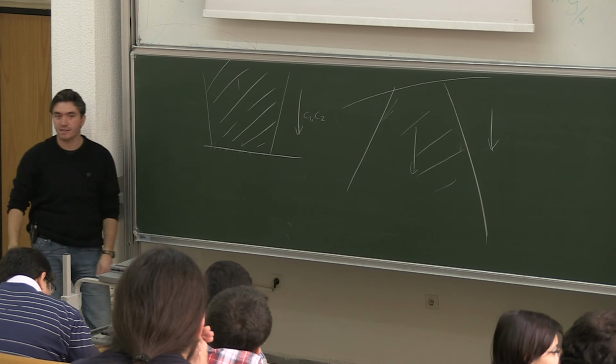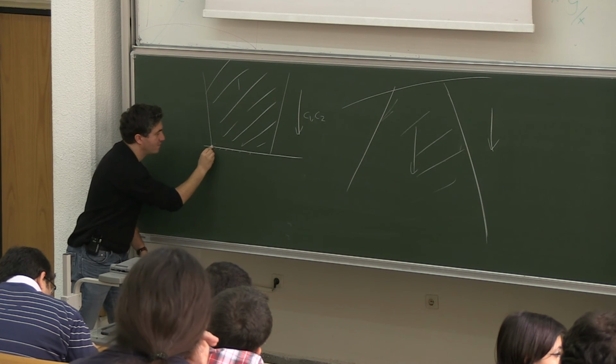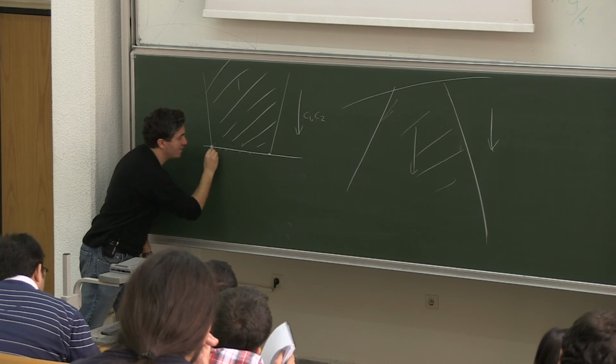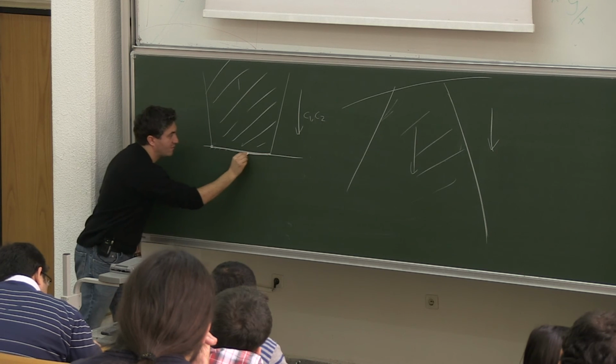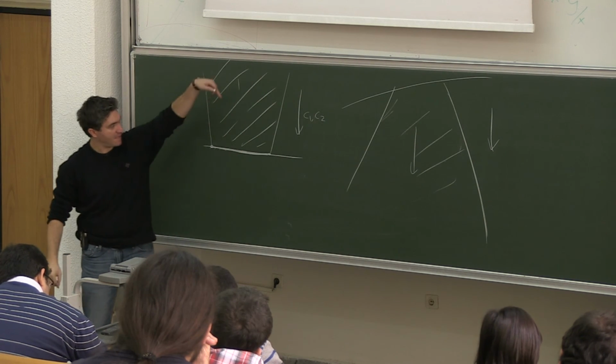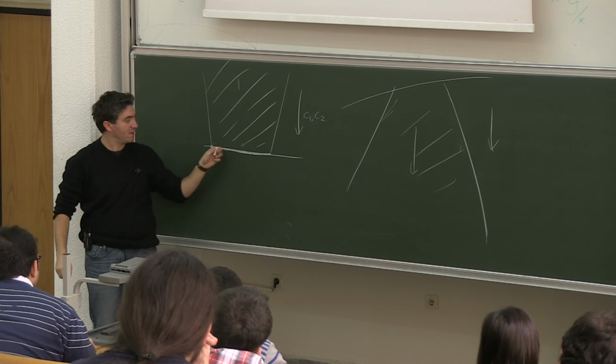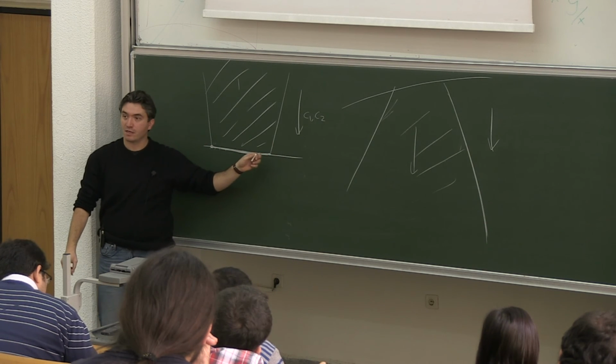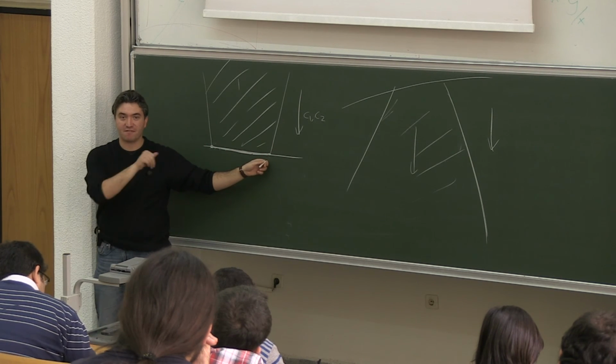And in that case, all the points on this line segment are extreme in this direction. Any point is going to give you the same objective function value.